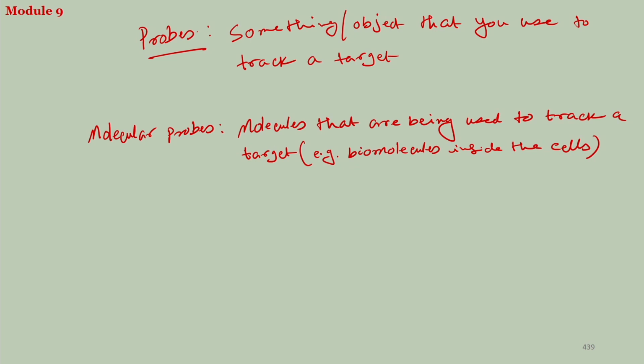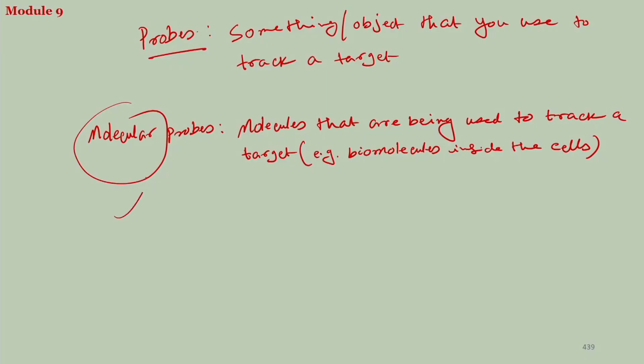So, if you want to study something inside the cell, you need to send a molecule that will go into the cell, that will be bound to the target that you want to study, and then report back to you. It should give you a signal also that I have reached the target and this is what is happening inside. Those are called molecular probes.